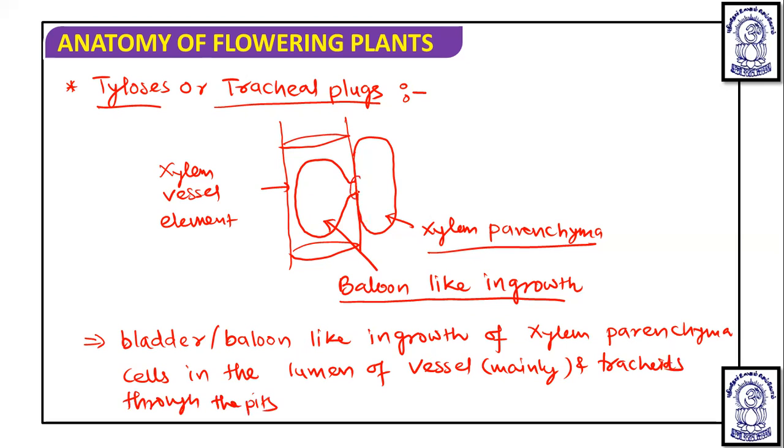Obviously here you will see the presence of pits. In such a way, when this ingrowth of xylem parenchyma occurs in the vessels, it is known as a tylosis.